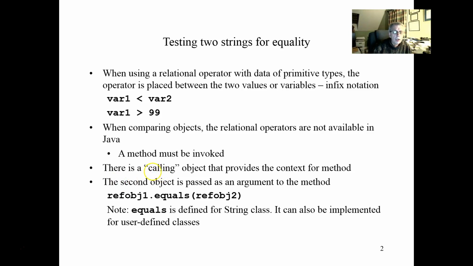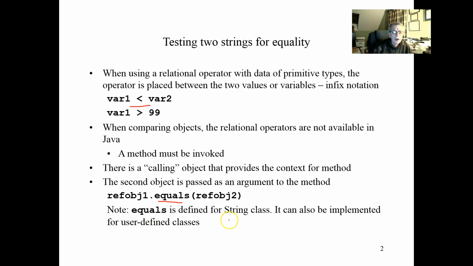Reference object 1 is used with the dot notation or the dot operator to qualify the call to equals, and then ref object 2 is passed as an argument to that method. You can see that the syntax here for such an expression as to how we actually make the call to do the equality test is quite different than what we do with variables of a primitive data type using the infix notation. So that's the tricky part of this, getting used to that particular form.